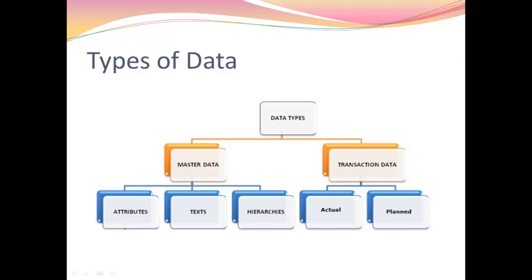And now the actual type of transaction data. It holds the data which has occurred in real time, whereas a plan type of data is used for planning purposes. Let's take an example. Suppose we want our revenue to be $10 million by 2015.